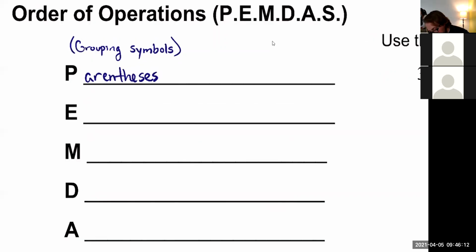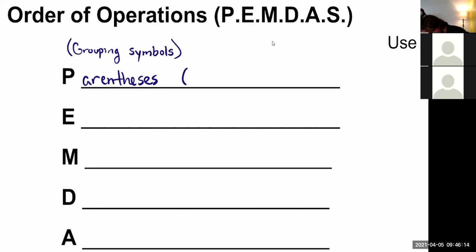So parentheses are the ones that we're probably most familiar with. Those are the little curved pieces. But in this same category, we would also include brackets, which are the squared ones, and braces, which are the ones that everyone groans about trying to write because they're a little squiggly.